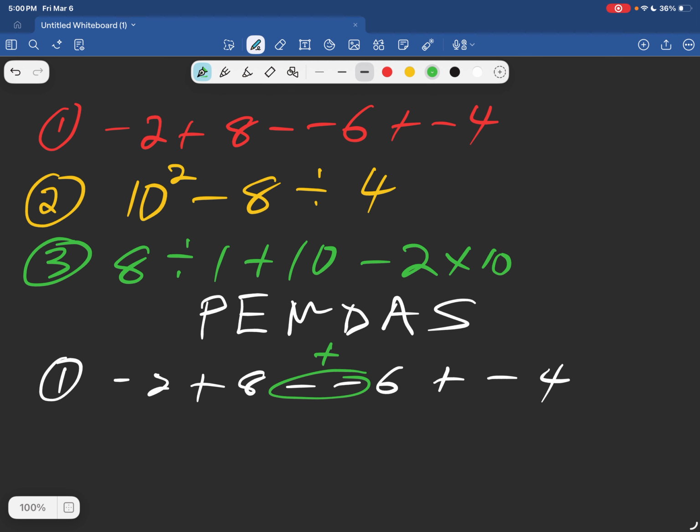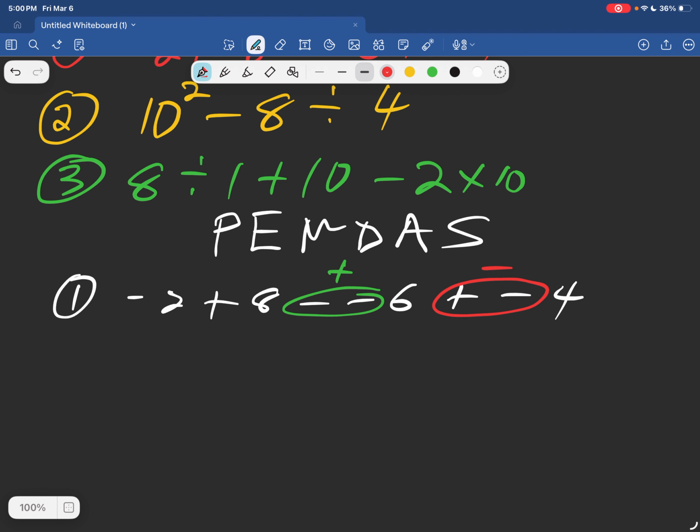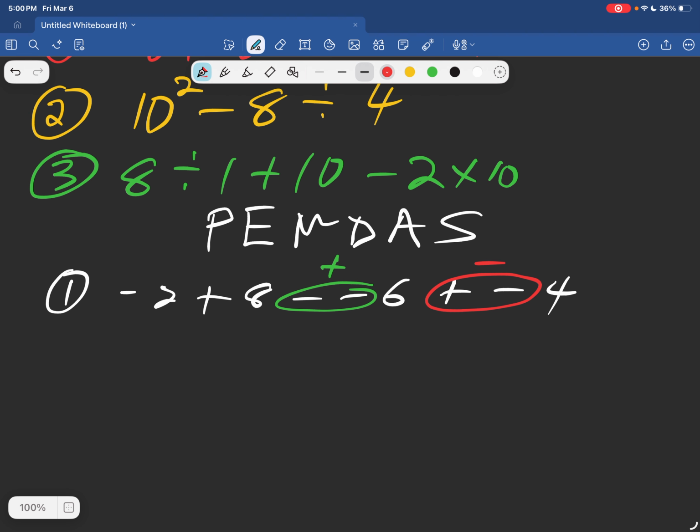These two signs right here are opposite signs. One is positive, one is negative. They combine to give a negative. So that is a first simplification that you must do. And we end up now with negative 2 plus 8 plus 6 minus 4.